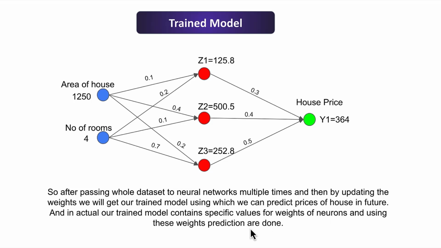So when we say that we have trained our model using deep learning or a neural network, we actually mean that we have found the correct values for these weights. And we have found these values by passing input data to the neural network and after that updating the weights by comparing the predicted and actual value.